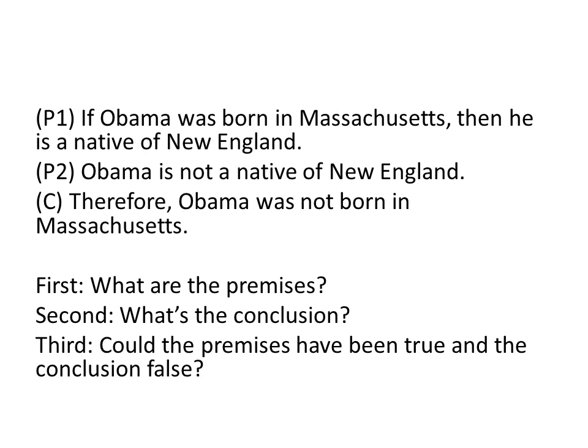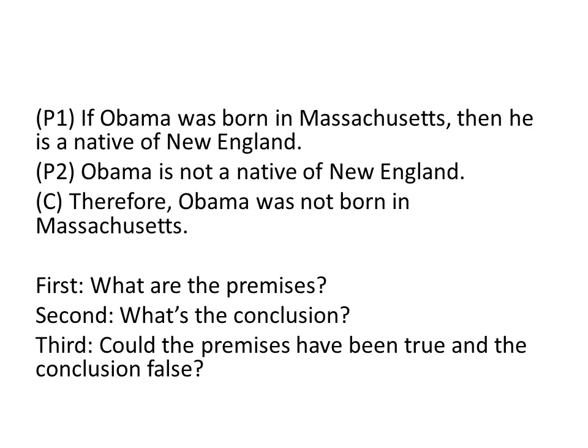Okay, so could the premises have been true and the conclusion false? So let's imagine that if Obama was born in Massachusetts, then he's a native of New England. That is, part of what we're supposing here is that Massachusetts is a part of New England, so that if Obama was born there, then he'd be a native of New England. And then also suppose that he's not a native of New England. Would it follow that Obama was not born in Massachusetts?